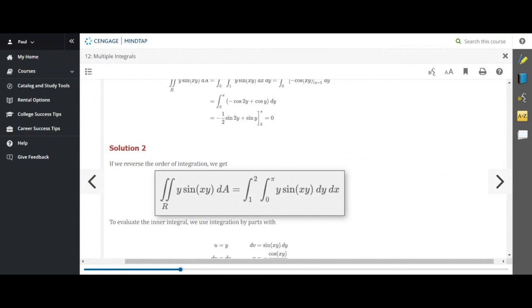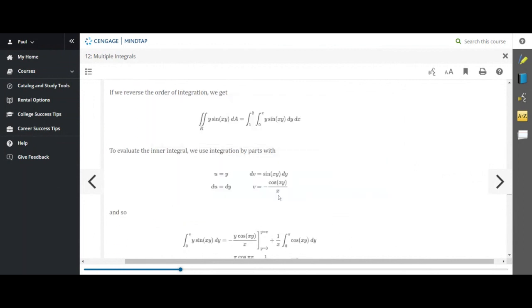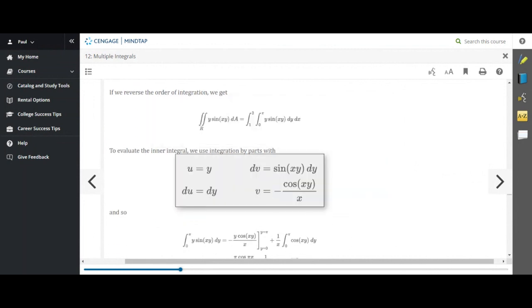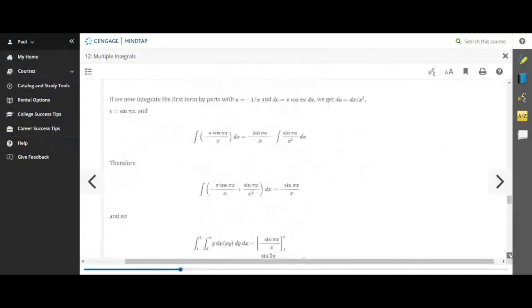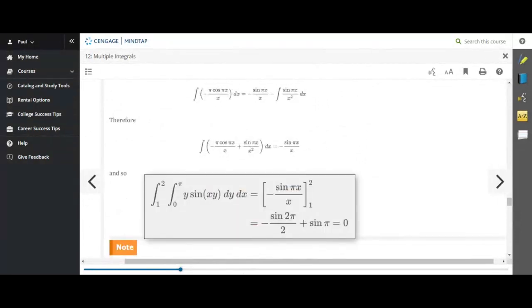But if you were to do that, and they show you here, you'd have to use integration by parts to do the inner integral. I actually worked this out on my own, and in the end, you're going to get an answer of 0. But it was a lot harder to integrate with respect to the variable y first and then x.